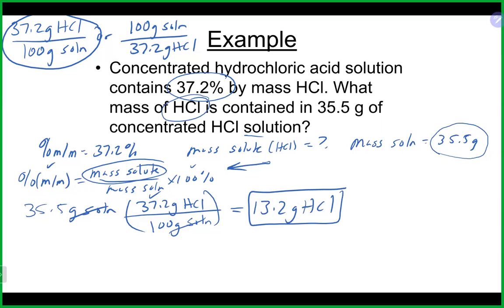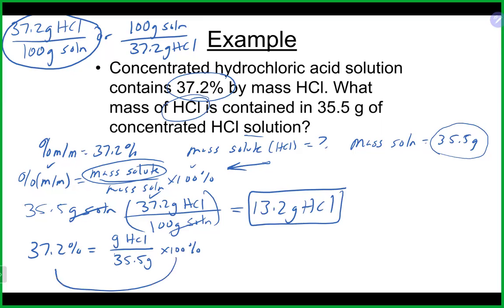Again, you could turn that percentage into a conversion factor and just take it like getting rid of the units you don't want to keep the units that you do want. Any questions on that? And again, if you plugged it into the equation, you would go 37.2% equals my grams of HCl divided by my 35.5 grams times 100%.